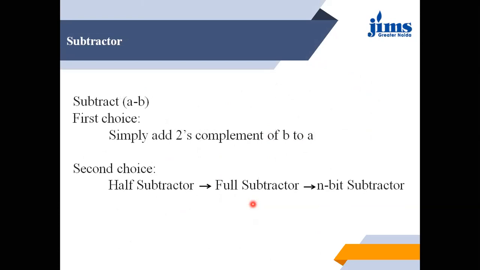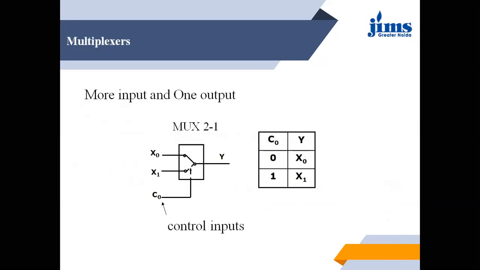Either we can find the subtraction by using the two's complement of the second number and adding that to the first number, or by designing a circuit for an n-bit subtractor.